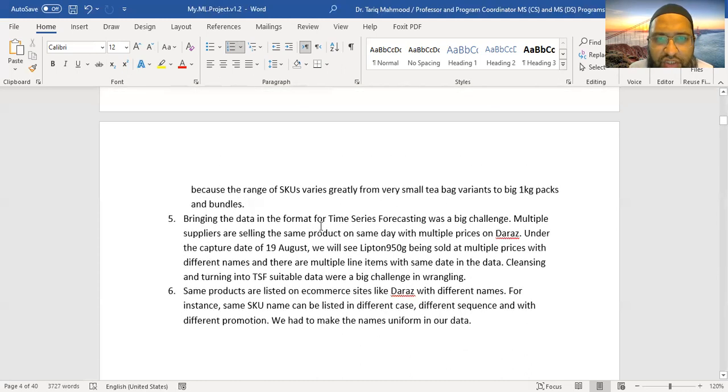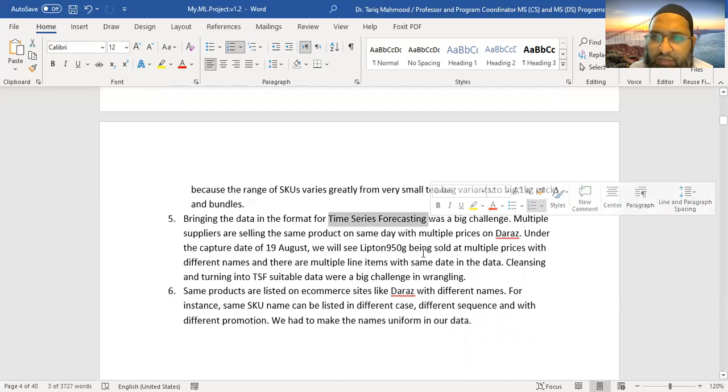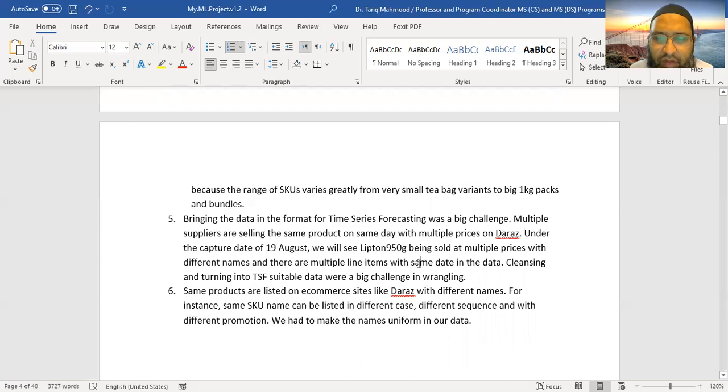Then there was a huge challenge in bringing the data into the time series forecasting format. All of us know that time series forecasting requires us to shift the data across previous timestamps to create a supervised learning problem. That was a big issue because the dates were not consistent.